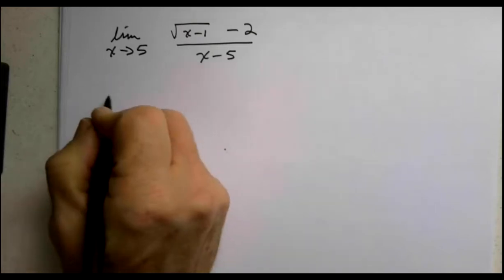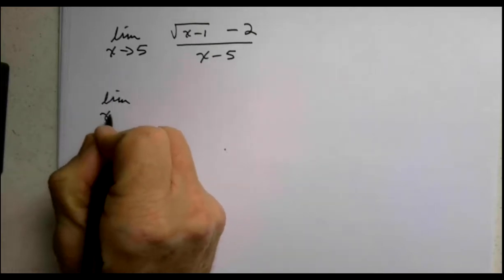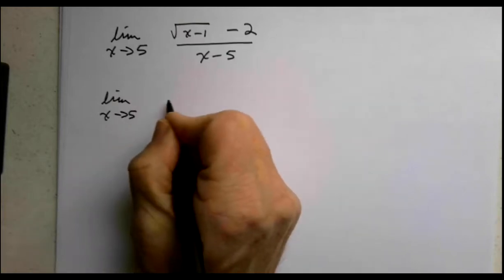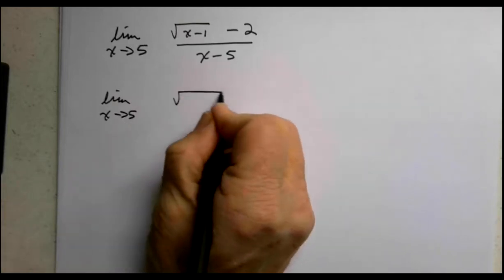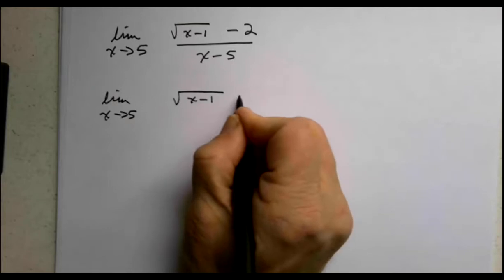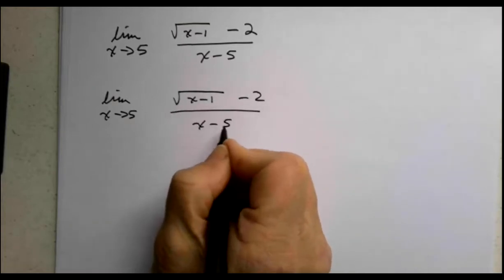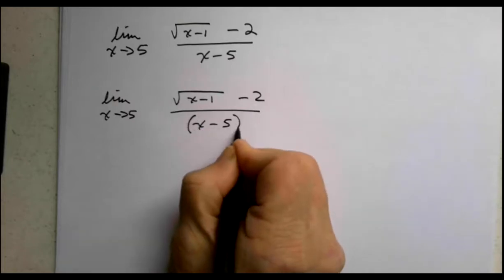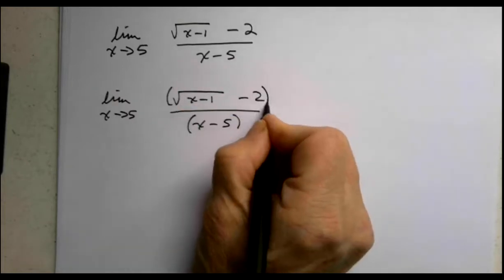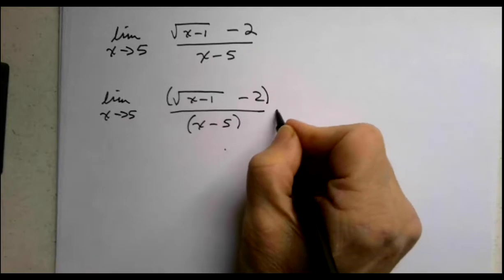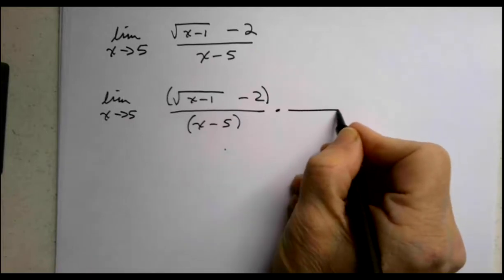So this is what we get. Limit as x goes to 5, and we have root x minus 1 minus 2 over x minus 5. So I'm going to put those in parentheses just so we see them as multiple pieces, as two terms.